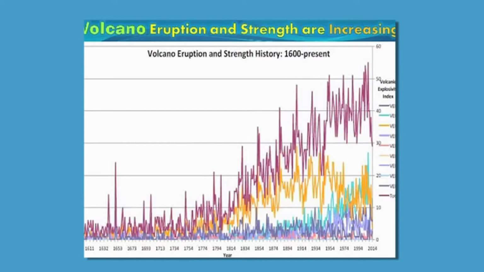So, not surprisingly, when we look at volcanoes over time, this map and chart from 1611 to the present day, we find that the volcano eruption and strength are increasing over the last several hundred years.